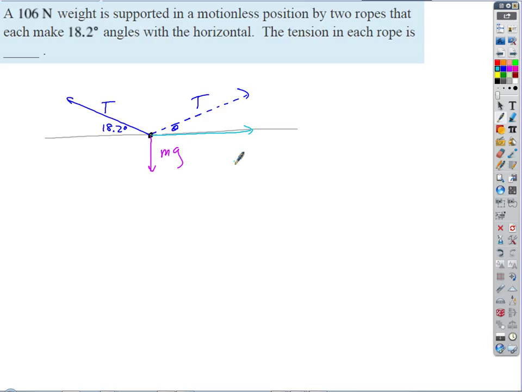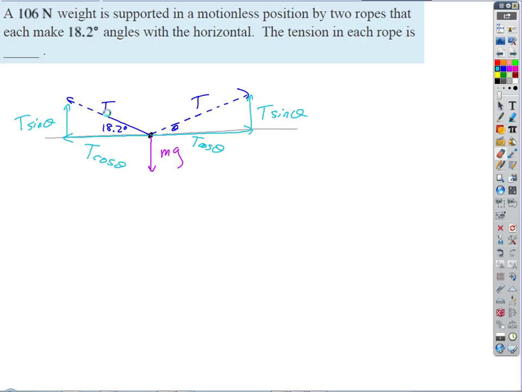So that's going to be my T cosine theta. The vertical one is going to be my T sine theta. I've got the same thing going on over here, everything's just mirrored. So that'll be a T cosine theta, T sine theta.